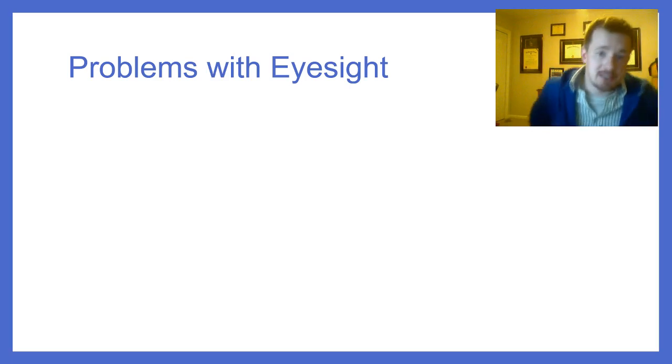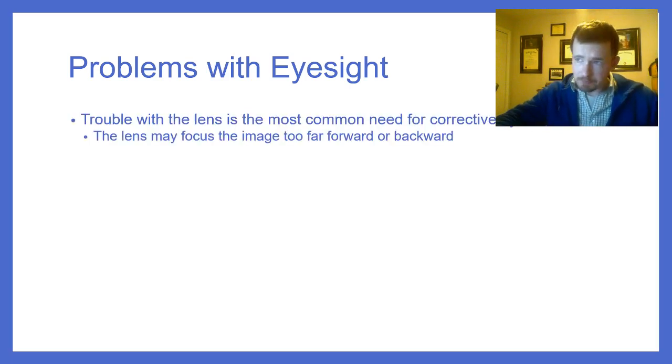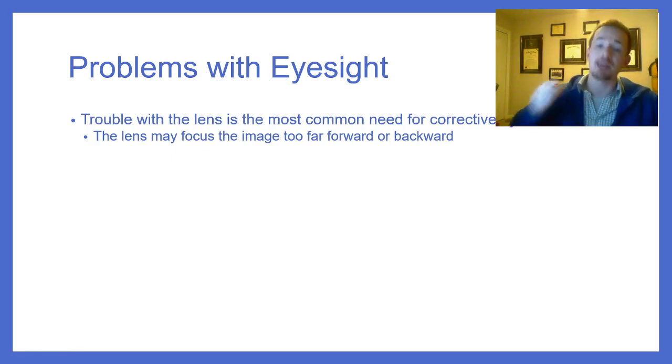And so problems with eyesight are very, very common, and there's lots of different variations of this. We'll talk more about blindness and being non-sighted later in the semester. For now, we're mostly going to be focusing on problems with the lens. And so this is the most common kind of eyesight problem that we have, where we're either refracting that light too early or too late for it to really appear focused.